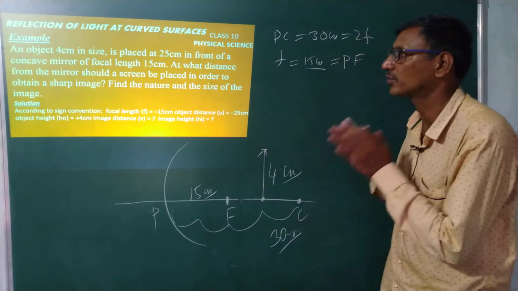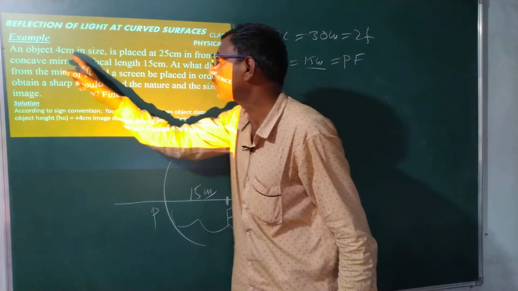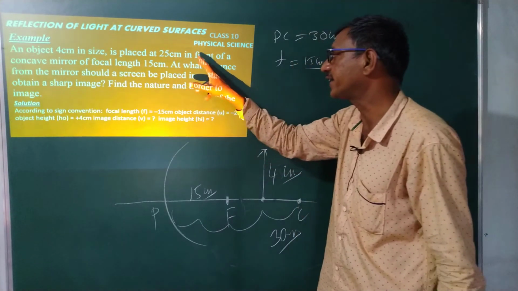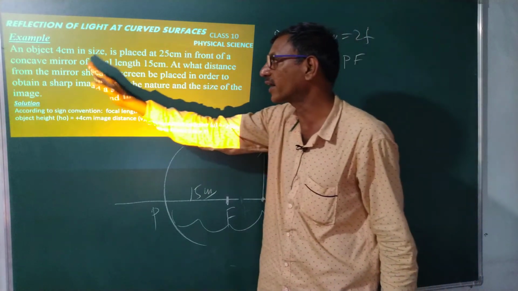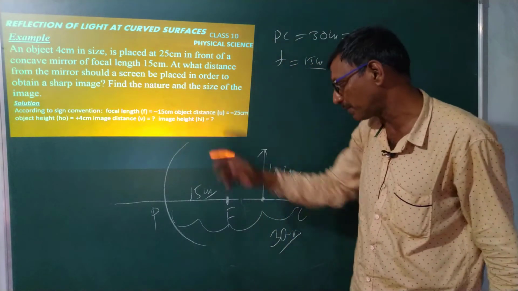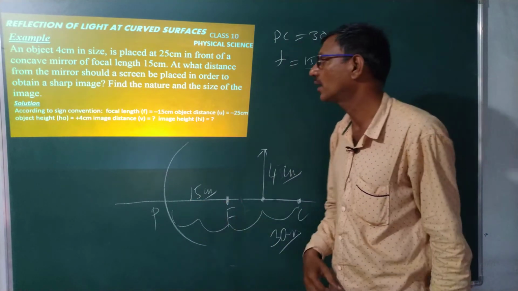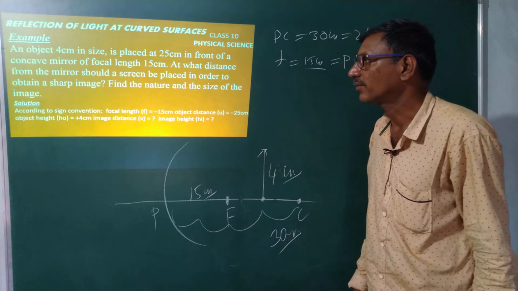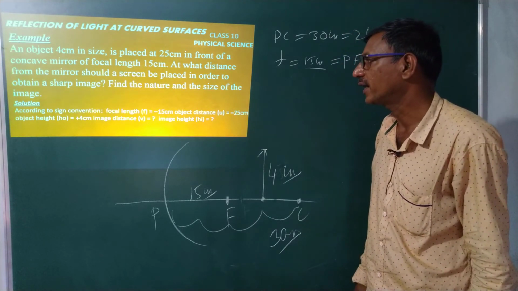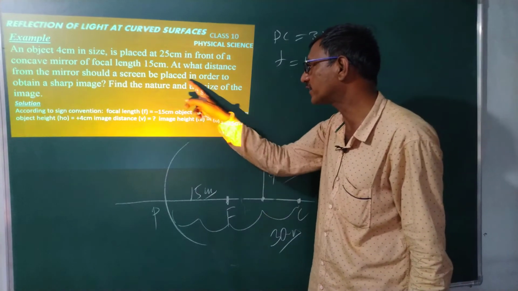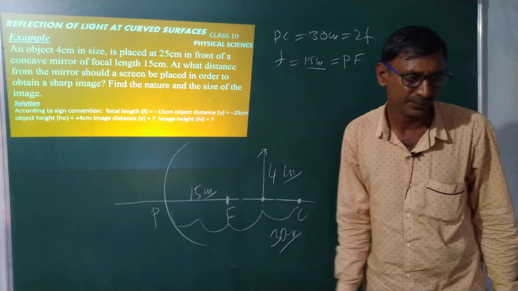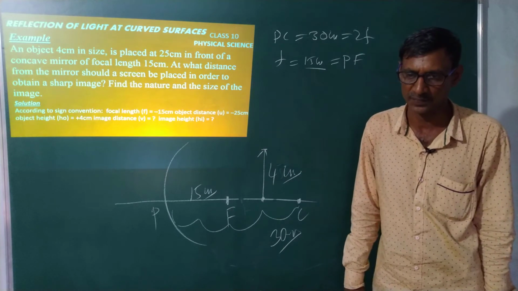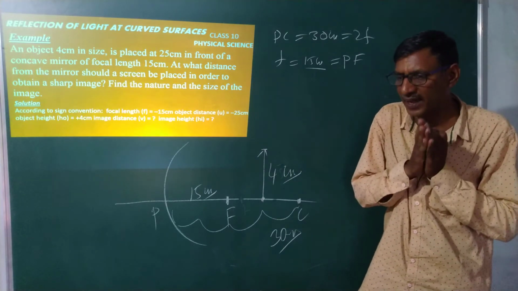Once again I will read the question. An object 4 centimeters in size is placed at 25 centimeters in front of a concave mirror of focal length 15 centimeters. At what distance from the mirror should a screen be placed in order to obtain a sharp image? This is the first question. I know sign conventions.